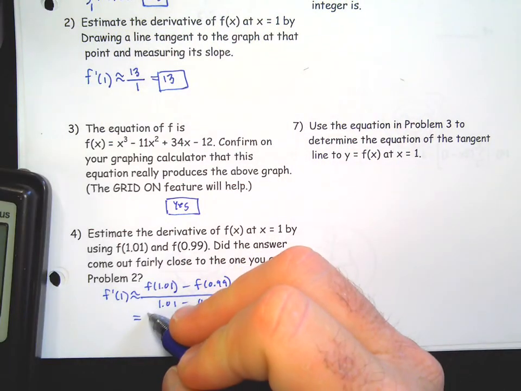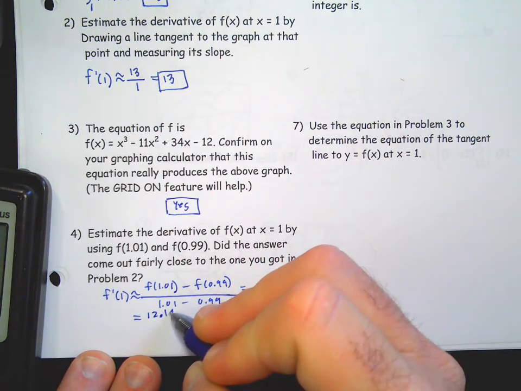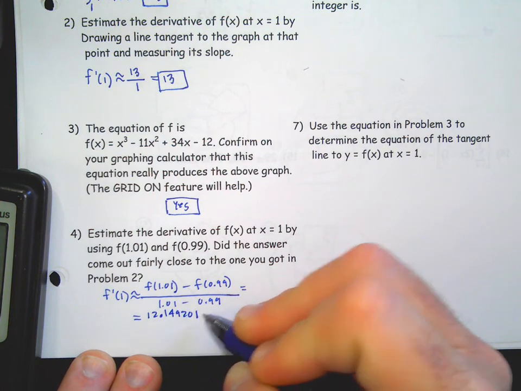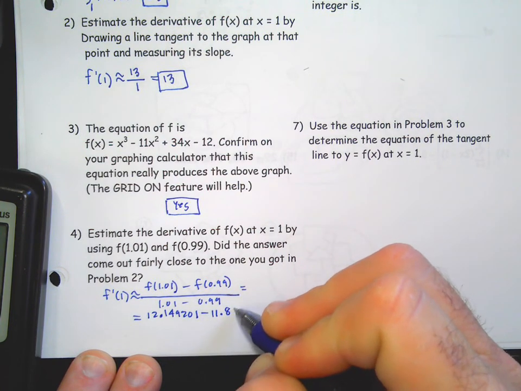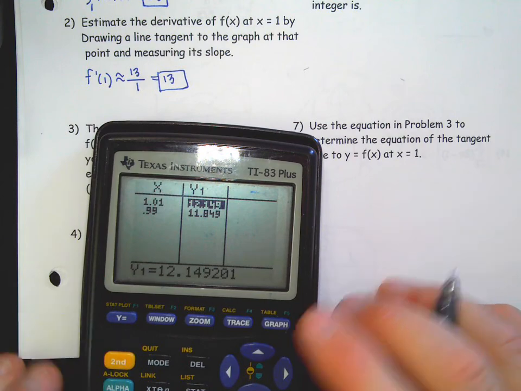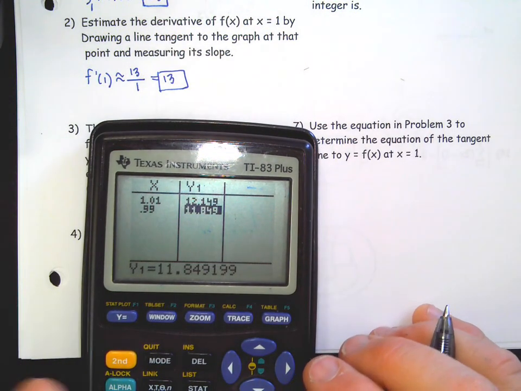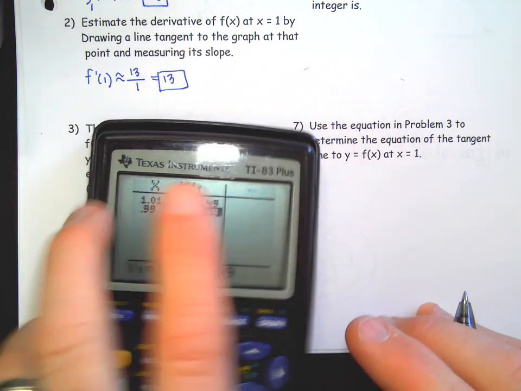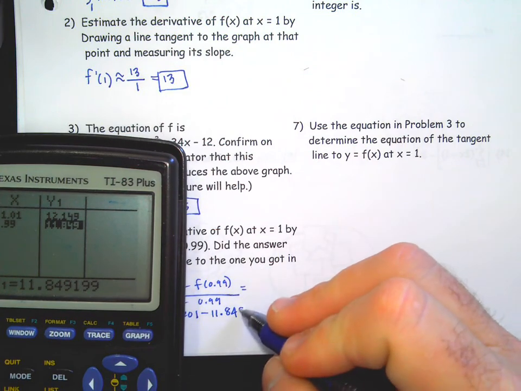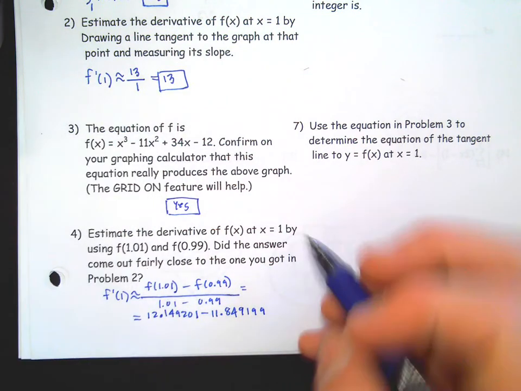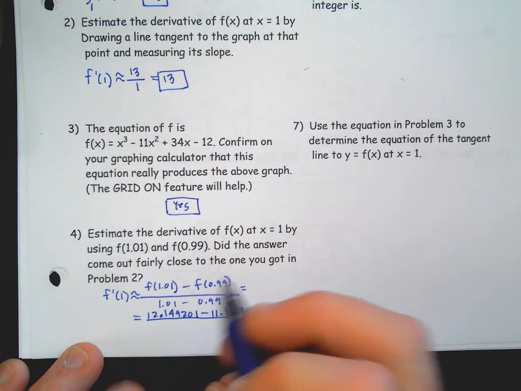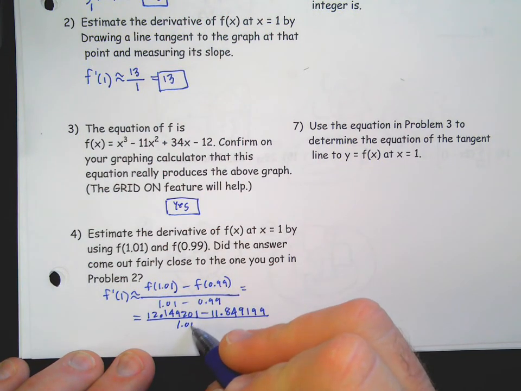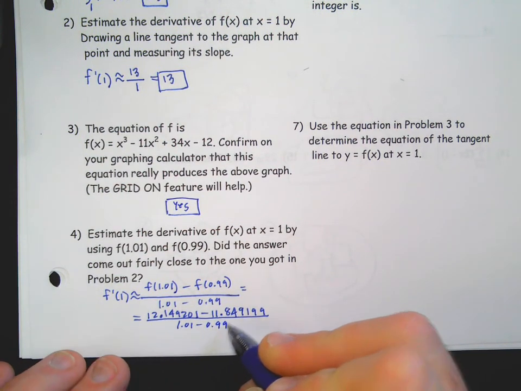So then I'm going to say, all right, 12.149201 minus 11.84. Now, I need more than 3 decimals in my work for my final answer to be 3 decimal accurate. So if you highlight the value, it shows you the more accurate value at the bottom. So we'll do that. I should show some work.